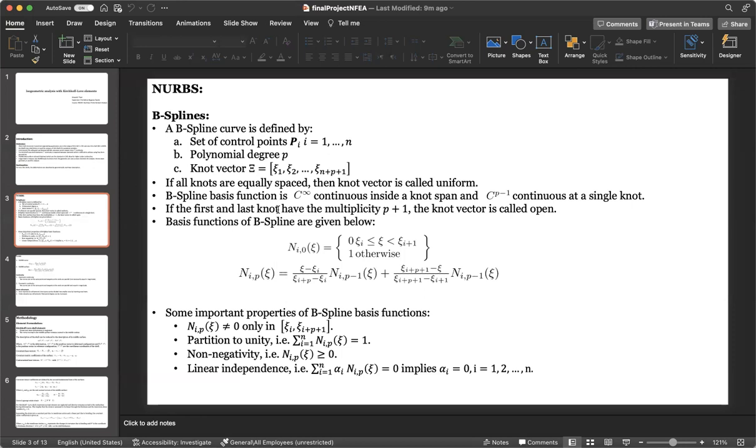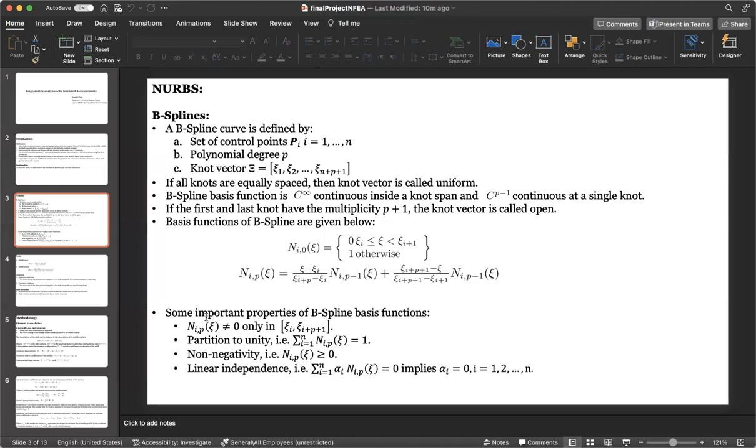In most cases we use open knot vectors, in which case the first and last knots have a multiplicity of p plus 1, where p is the degree of the curve. And this is the formulation which we use to define B-spline basis functions.